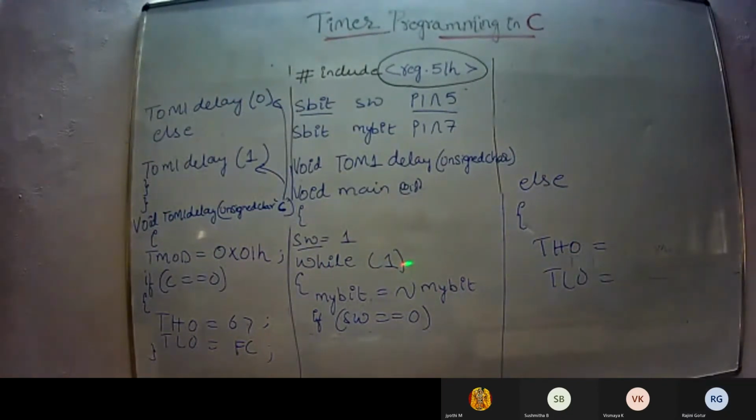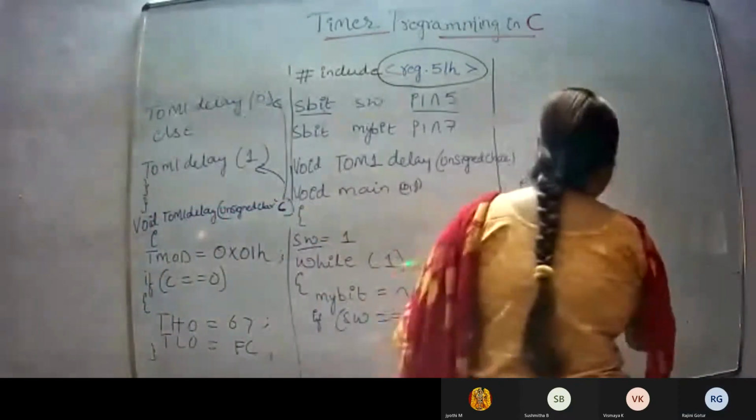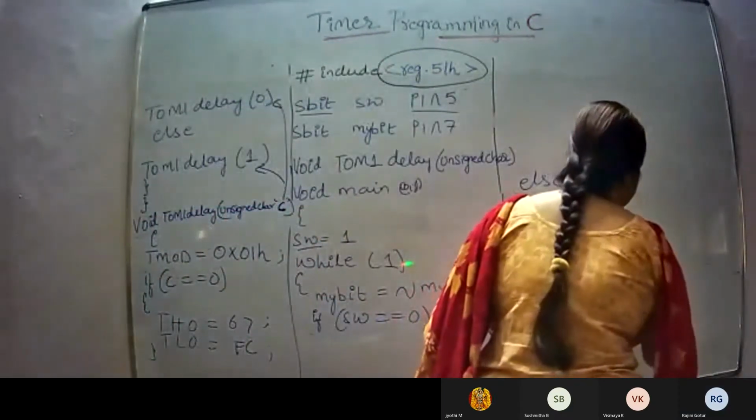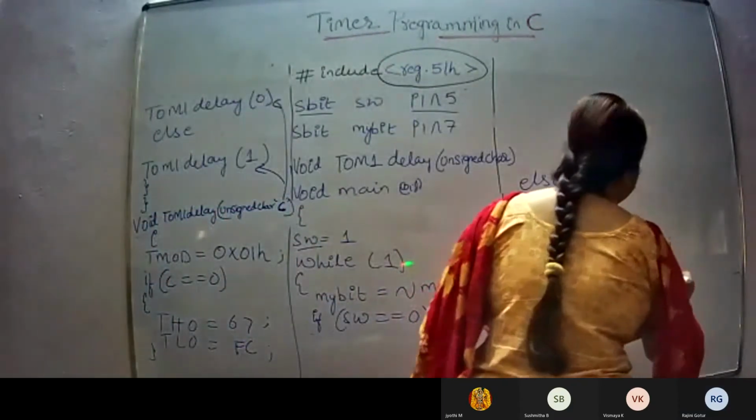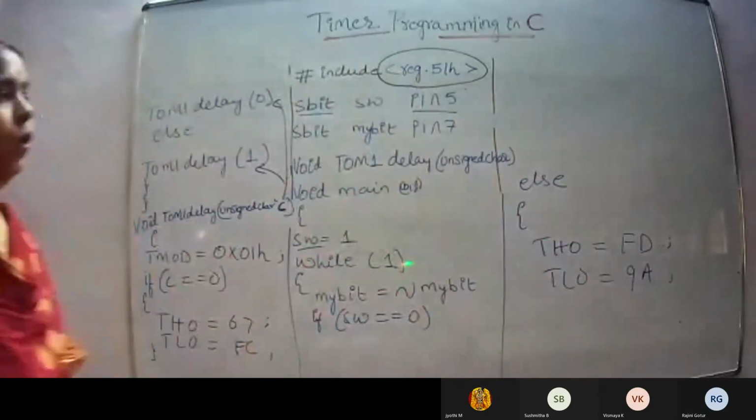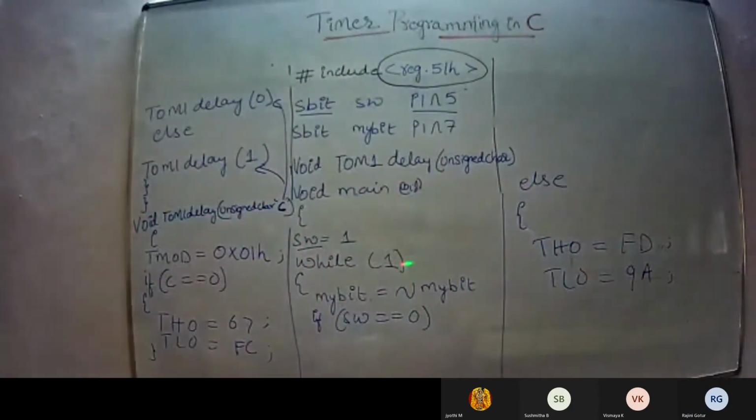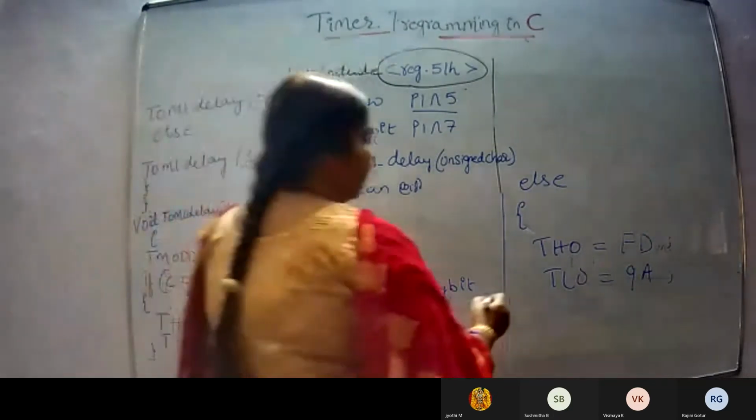FD9A. So TH0 is FD and TL0 is 9A, the two values that should be loaded if the condition is false. This will close the bracket now.